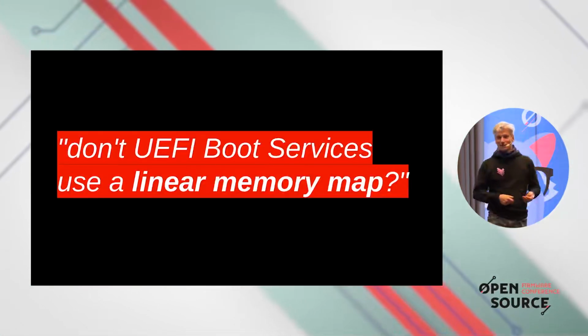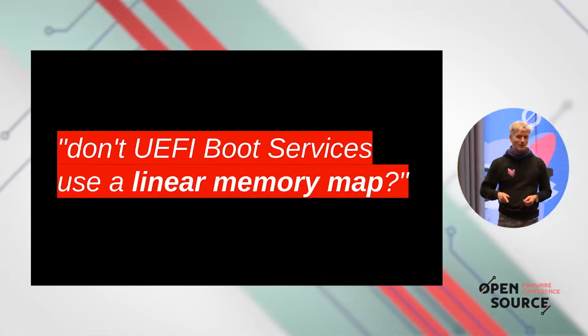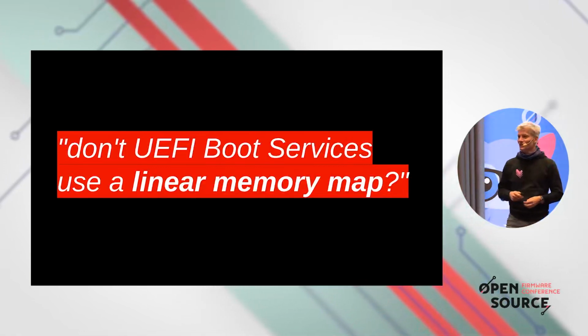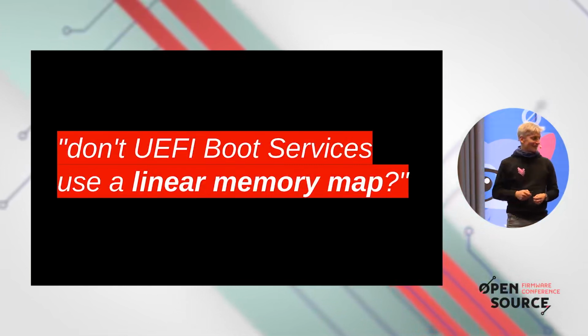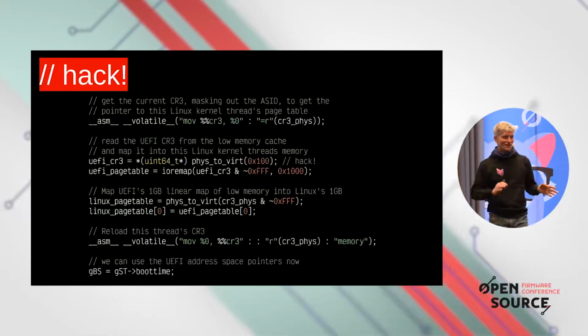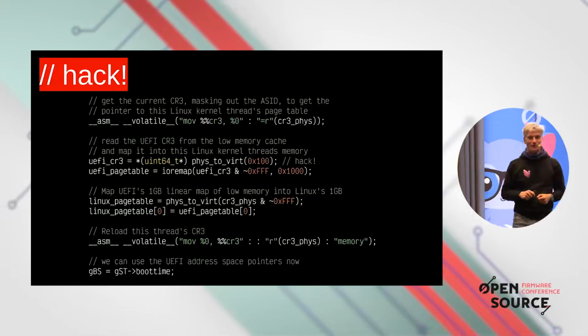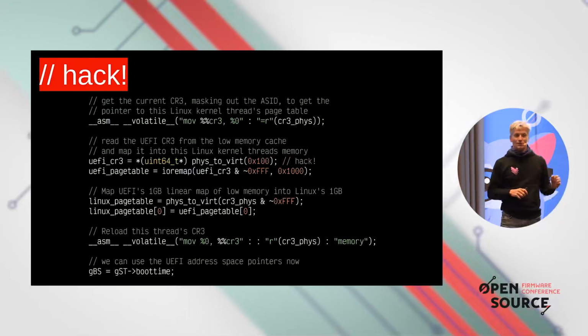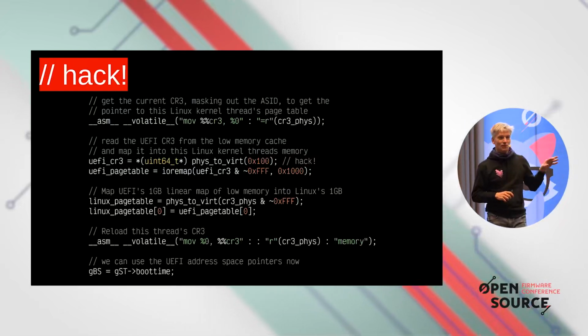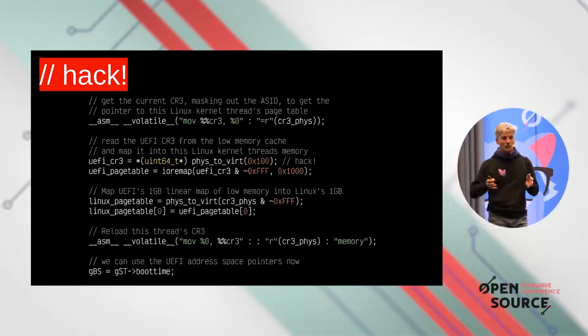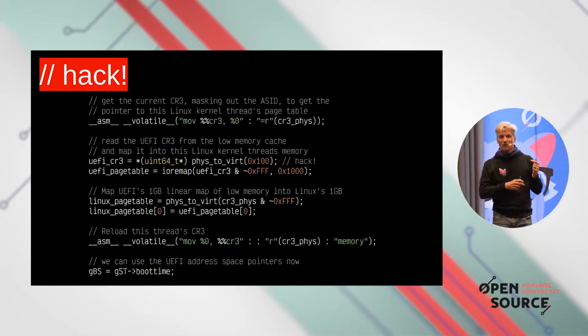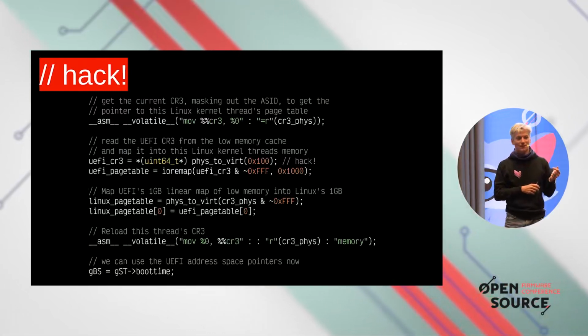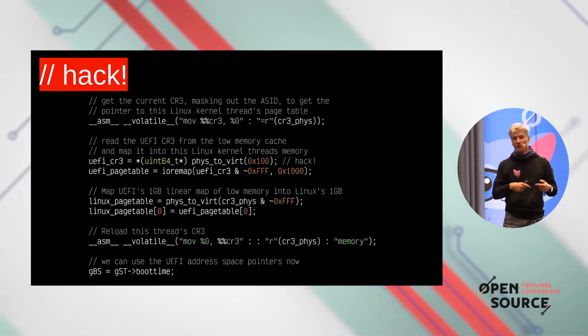Now, a lot of you who have done hacking in this space might be saying, hold on, Trammell, don't the UEFI boot services expect a linear memory map? And yes, this is probably the grodiest hack in the system right now. I'm certain there's a better way to do it, but this is an expedient way to add a map into the kernel threads that are then going to call the boot services. Because we know that the Linux kernel is on a 1 GB boundary, we can poke at all of the other entries in the top level page table, since they're 1 GB entries each.